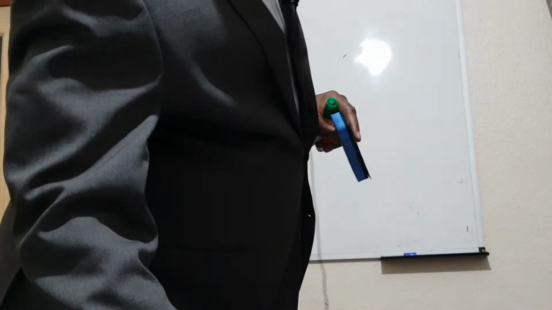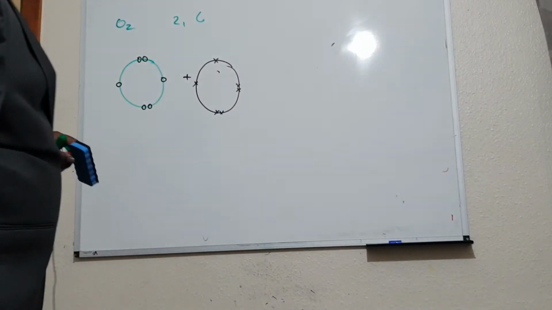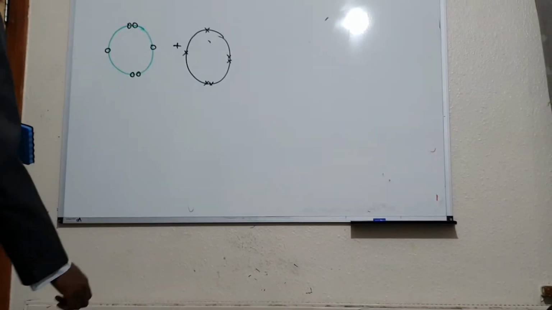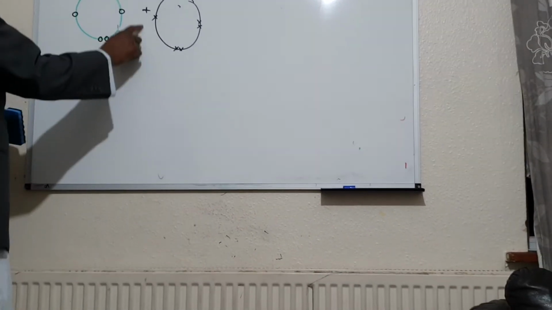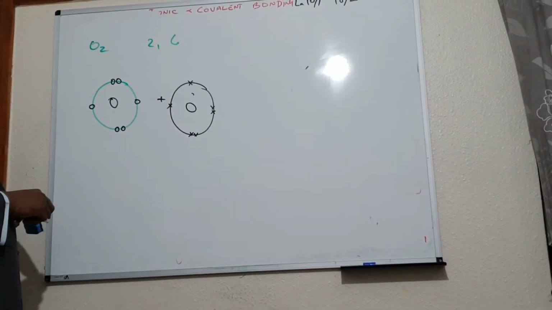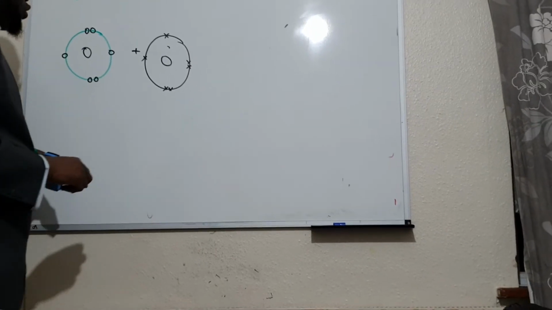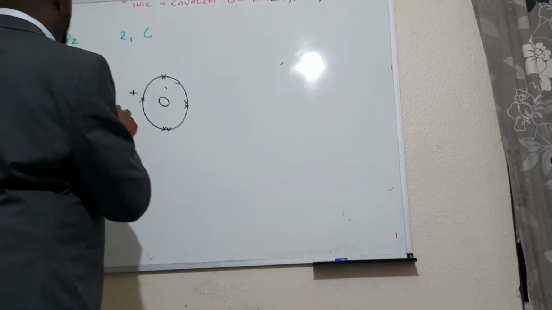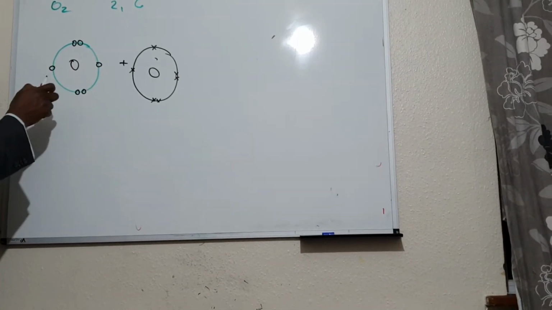Now, the examiner wants you to show how the oxygen molecule looks like. Don't confuse this with ionic bonding. I just want to show you that one oxygen is reacting with another oxygen. So the covalent bond structure will be like this. They both have 2 in the outer shell.